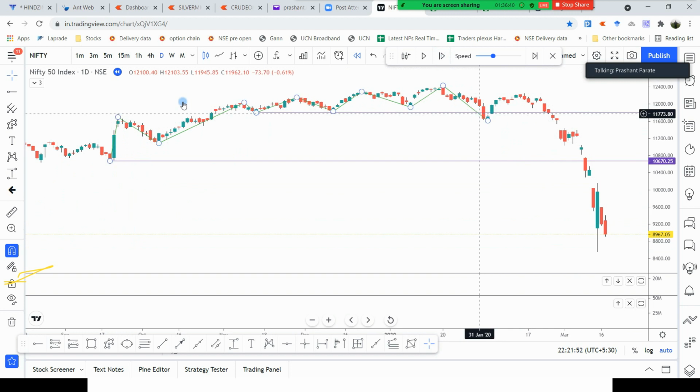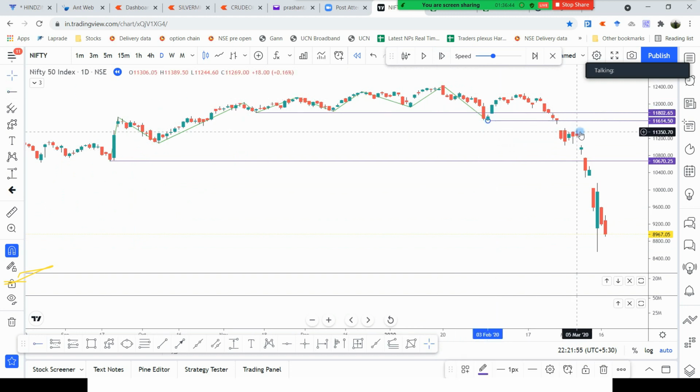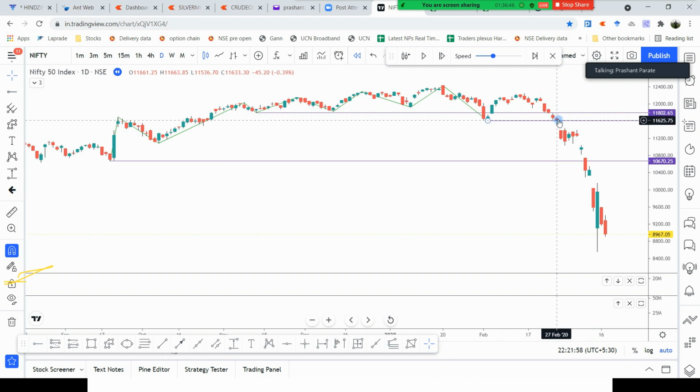Even at this price, somebody might have thought that this level is broken but the close is above, so we can wait, and then the next day it is a gap down. So there is hope that this support will hold. People keep on holding.